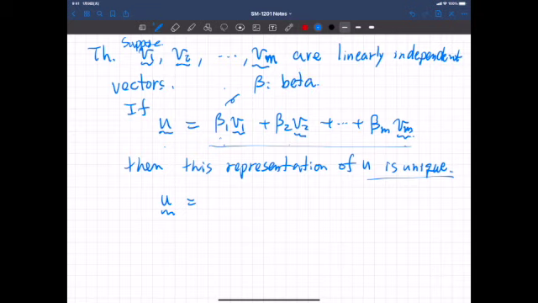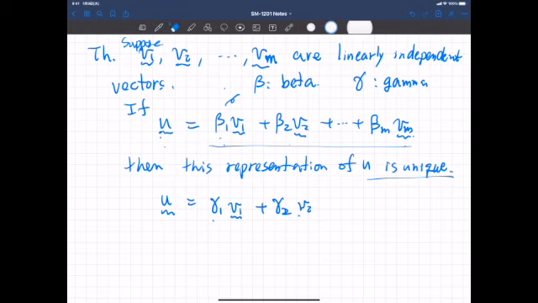Let's say there is another linear combination of these vectors so that the same vector u can be represented by this linear combination. This is the Greek letter gamma. Gamma 1 v1, gamma 2 v2, and gamma m vm.